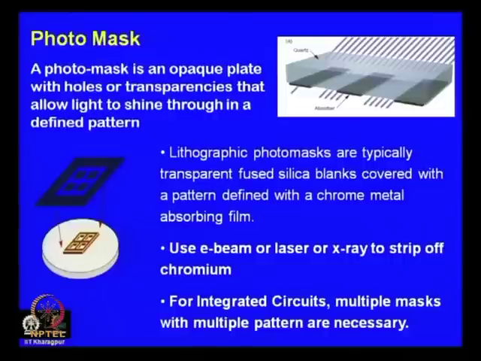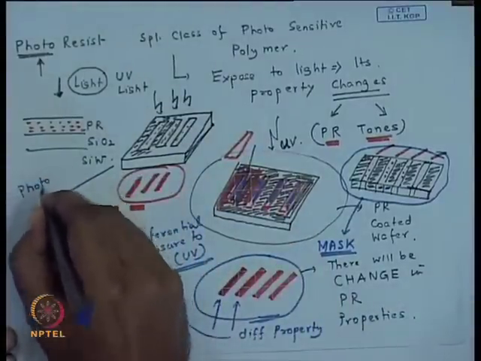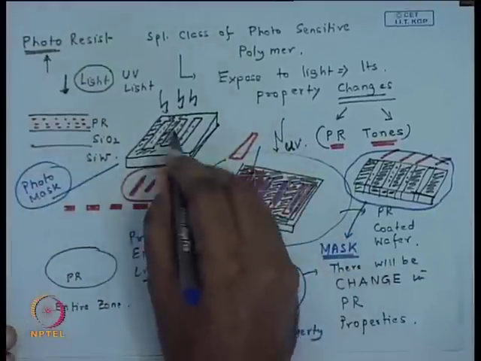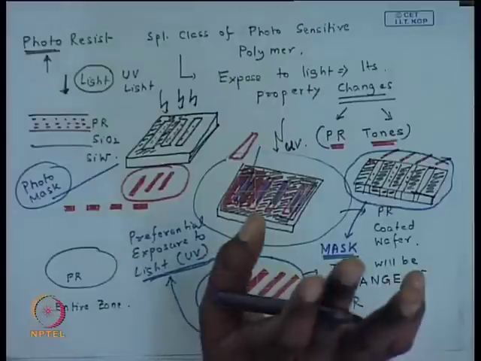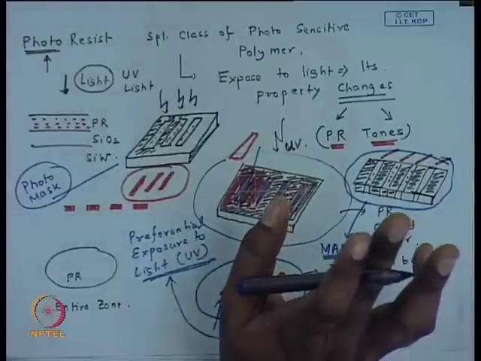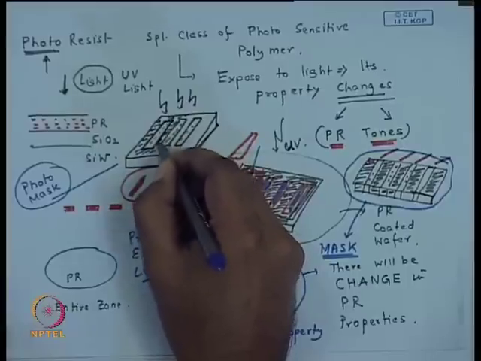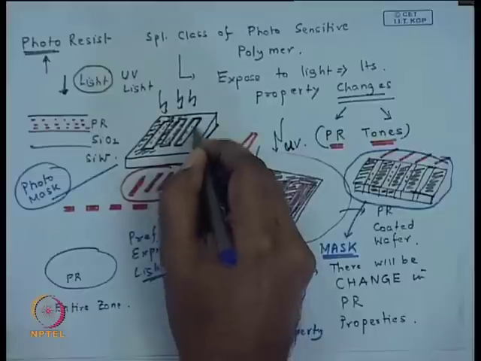Very loosely, in some of our earlier discussion we had considered a photo mask of something like this. We argued that it is a piece of material, we did not specify at that point whether it is glass or polymer or metal, but it has some areas, a slit, so that the light can pass.